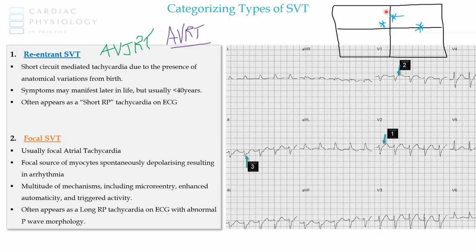And sometimes it's actually a really super tiny micro reentry circuit that's forming, and that is more common in patients who are 60, 70 years old who have had some age-related remodeling in their heart. But generally speaking, focal SVT can occur in anyone as well.